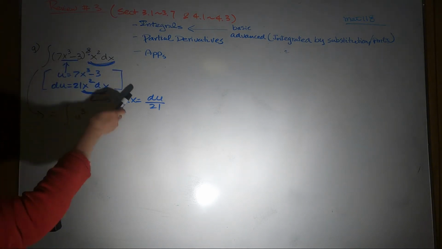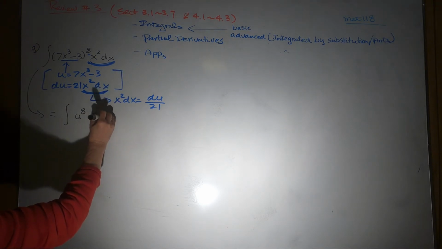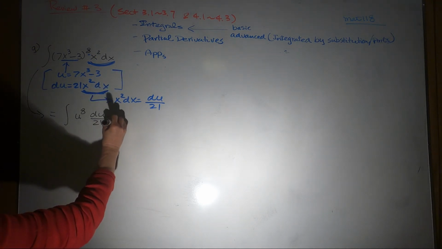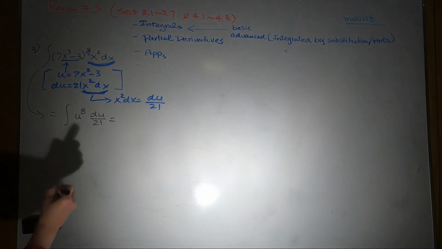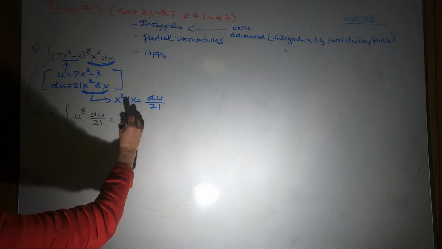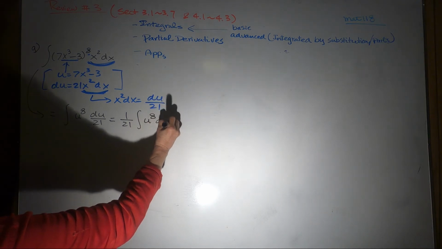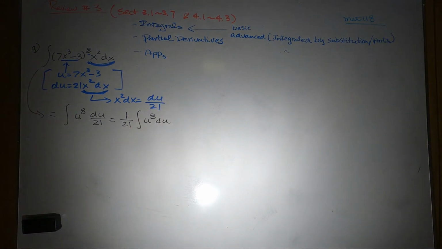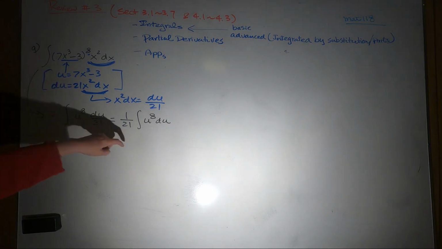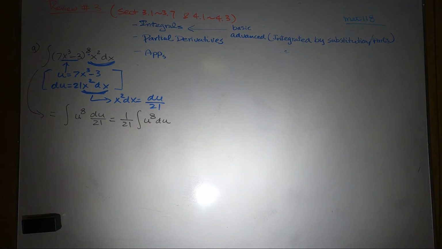Then x squared dx is replaced by du over 21. Then with the constant multiple rule, you take 1/21 outside, u to the 8th du, right? Then you make the complicated integral become a simple integral for the 8th power, so you can do that.